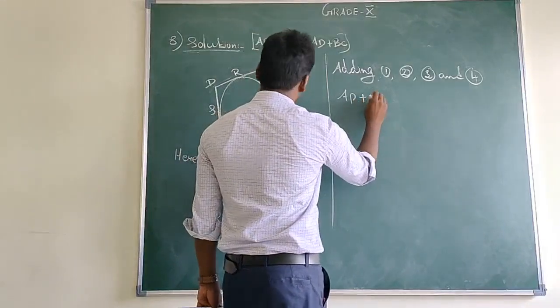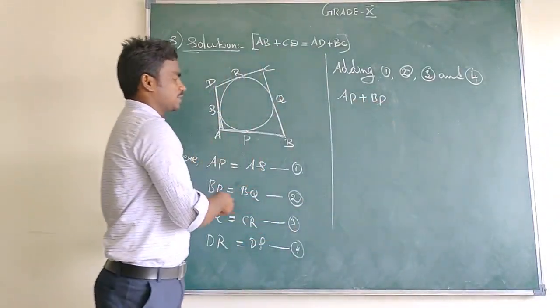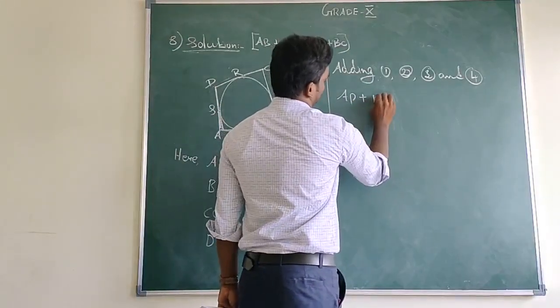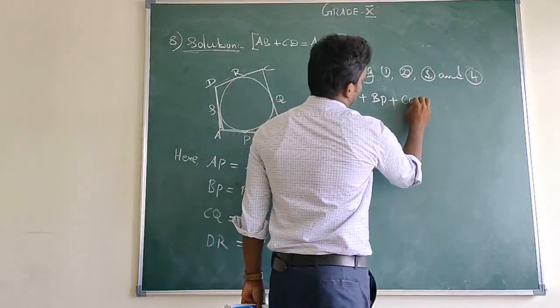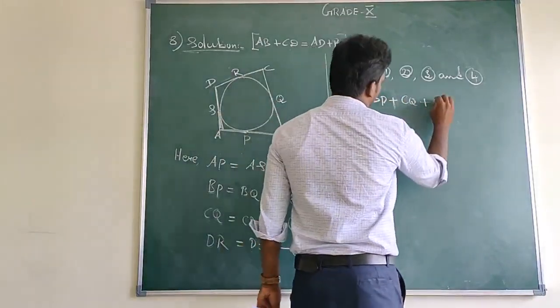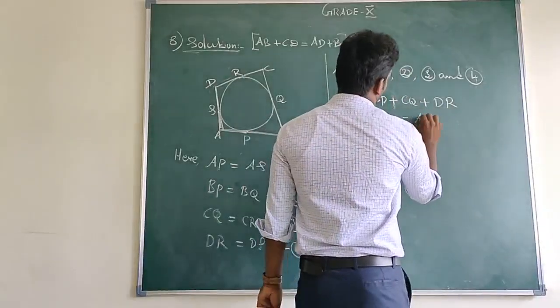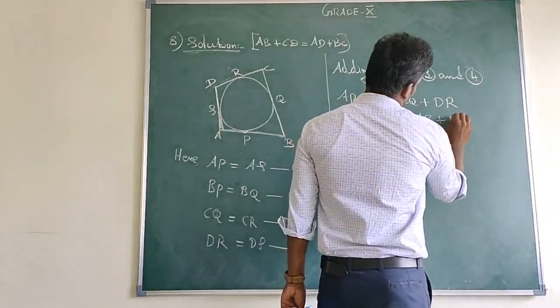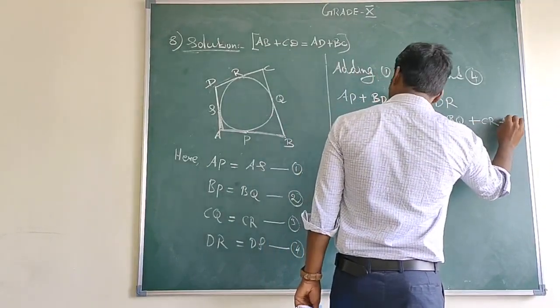First we have to add the left side, the LHS value: AB plus BP plus CQ plus DR is equal to AS plus BQ plus CR plus DS.